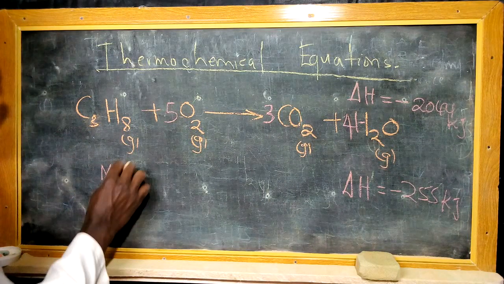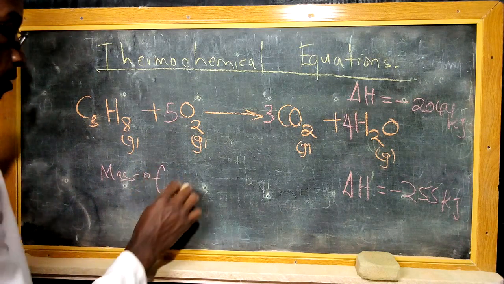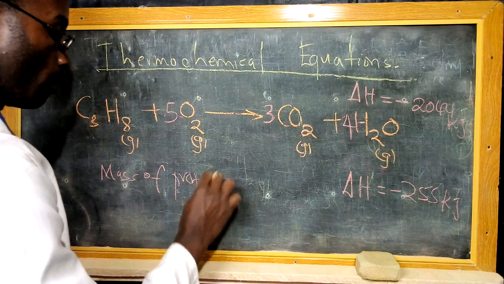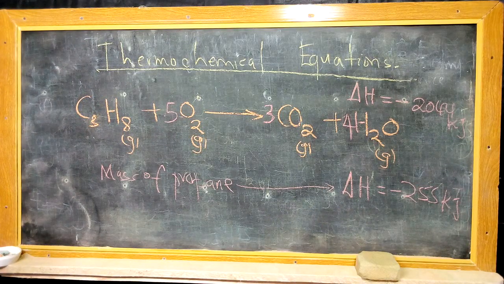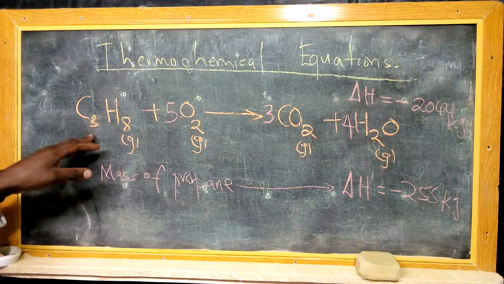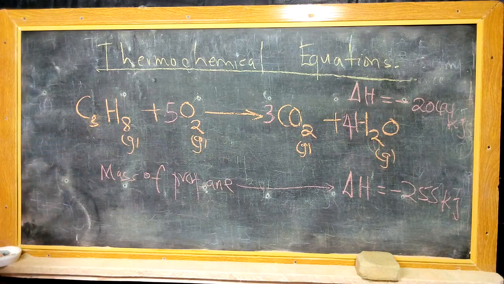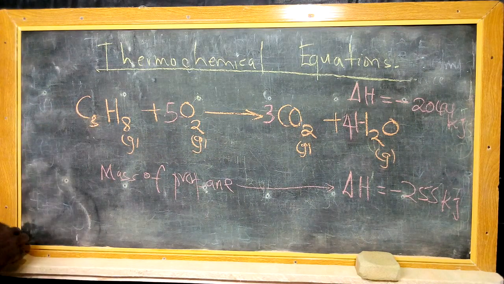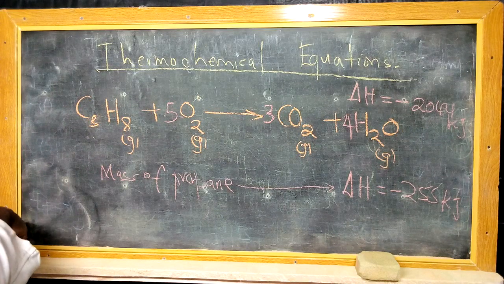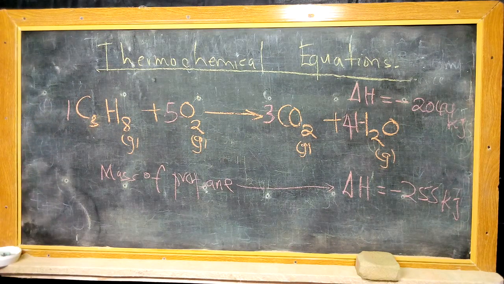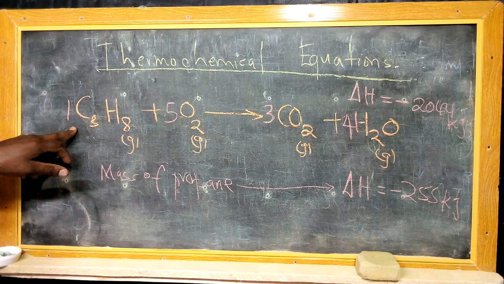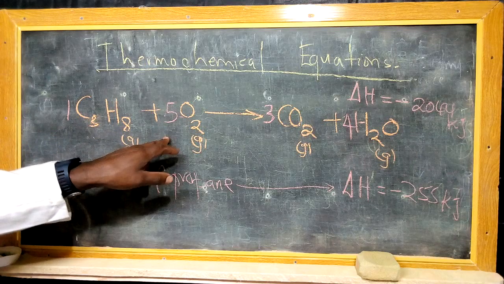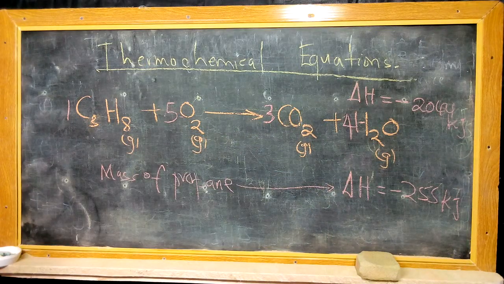So in that case, we are being required to find the mass of propane required to produce that amount of heat. If the mass is proportional to the reacting volumes, then it will be in order for us to conclude that the reacting volumes for this particular case for propane is 1 mole reacting with 5 volumes of oxygen to form those products.